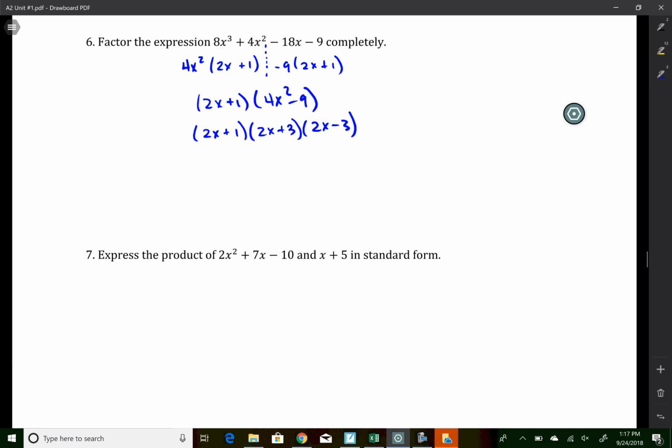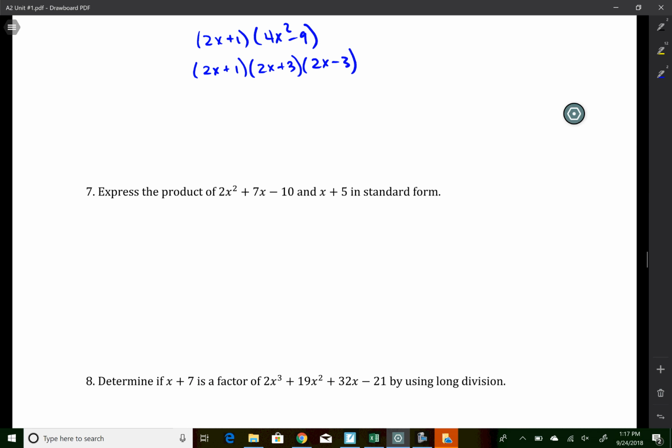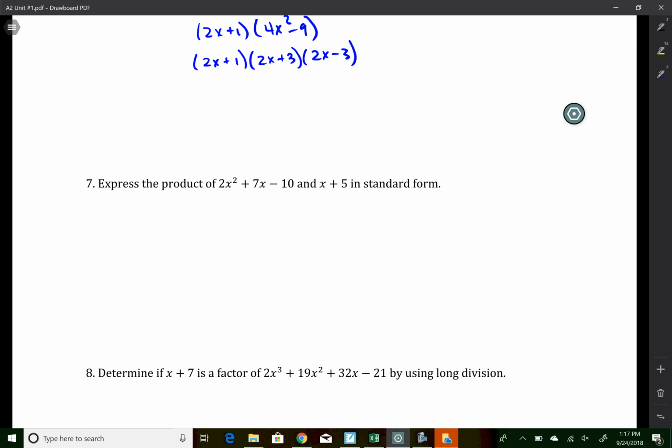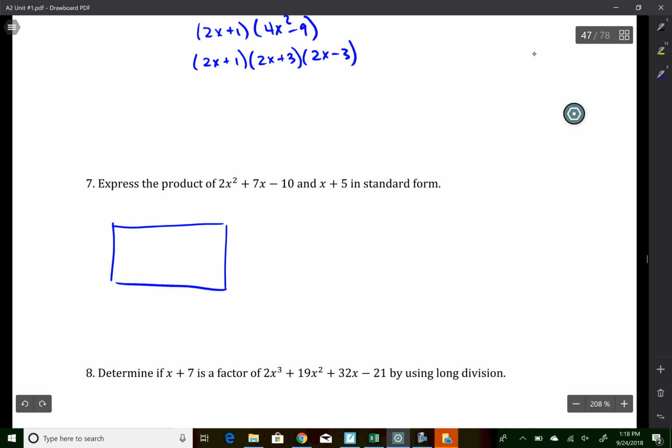Number 7 says to express this product in standard form. So we could go through and do this product in standard form. So if we make our boxes x and 5, 2x squared, 7x and negative 10, I get 2x cubed, 10x squared, 7x squared, which is going to give me a 17x squared, 35x, negative 10x, which is going to combine to give me 25x, and negative 50.